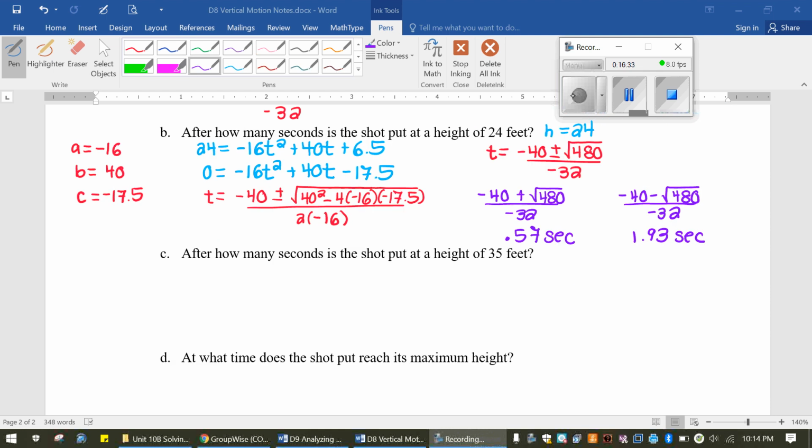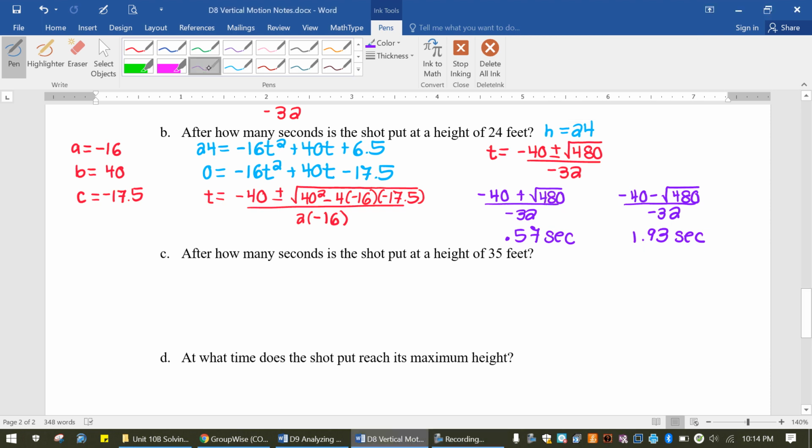Okay, so if you did this correctly, you should have two answers. You should have 0.57 and 1.7. This time, they're both positive.